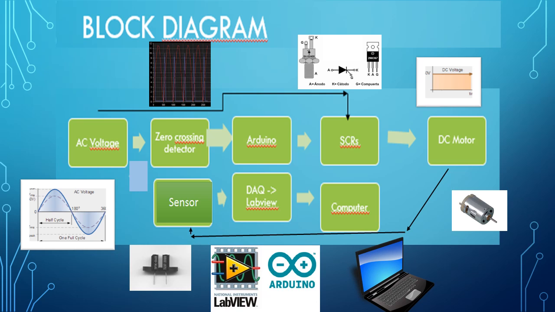Then, with an optocoupler sensor, we can calculate the speed of the motor with the help of LabVIEW and the data acquisition system. This data is displayed on our computer for the user.